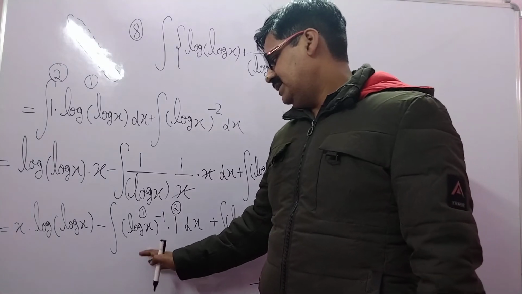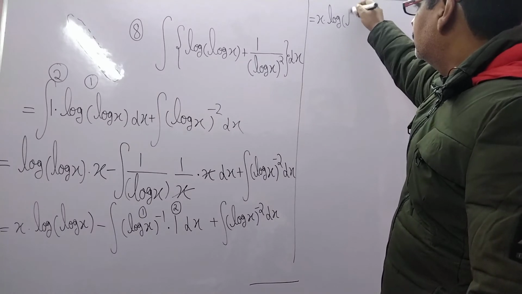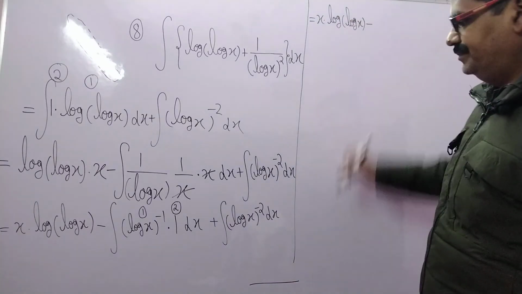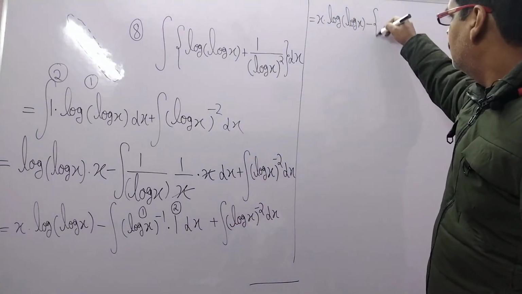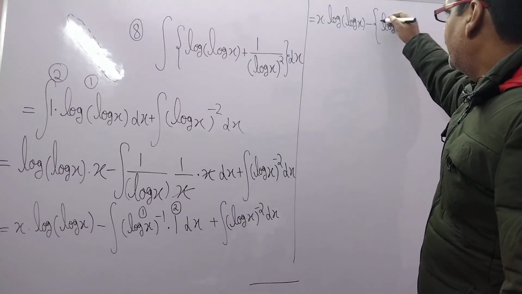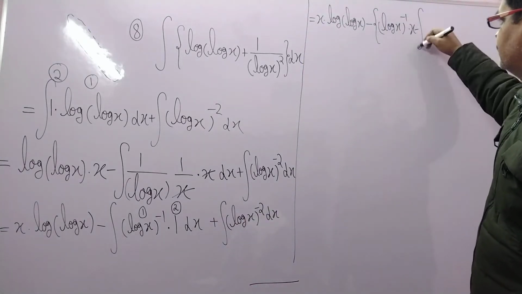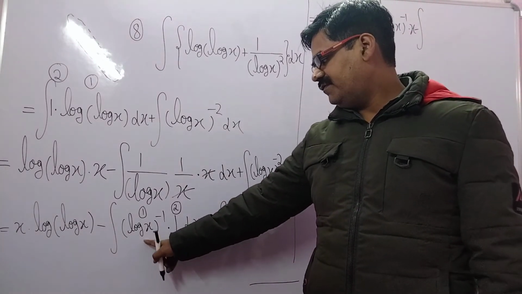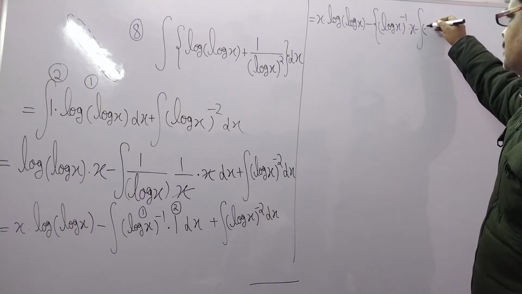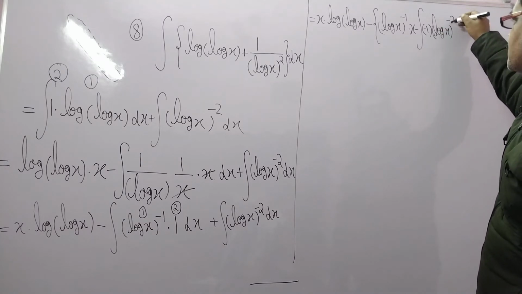Now we do it by integration by parts again. x log x minus, first function as it is, (log x) to power minus 1, integration of the second function which is x, minus differentiation of the first function. First function is (log x) to power minus 1, so its differentiation is minus 1 times (log x) to power minus 2.